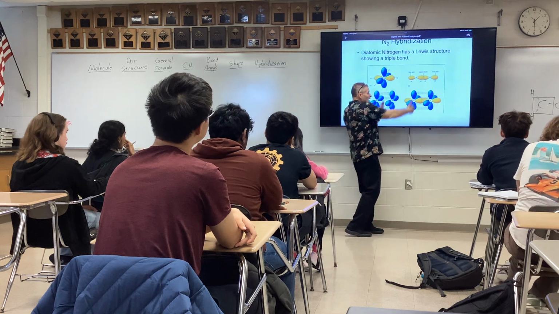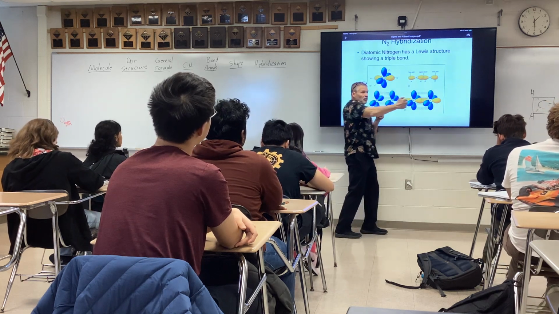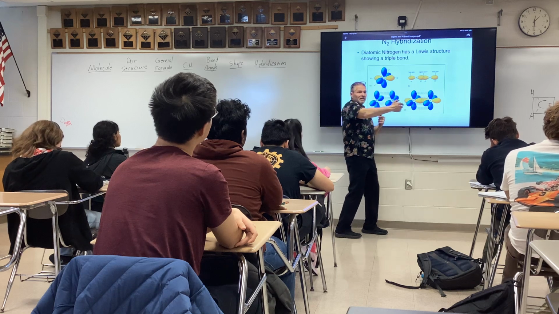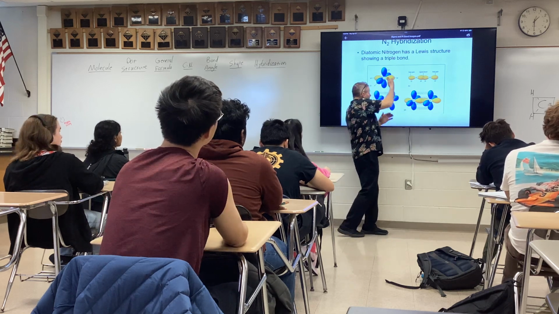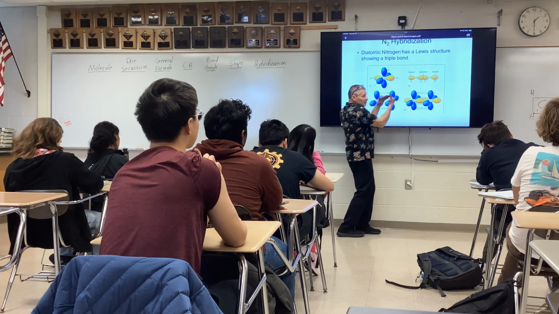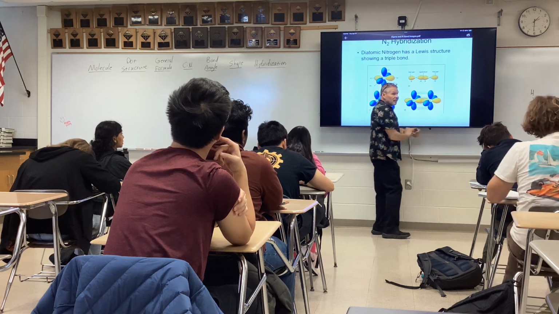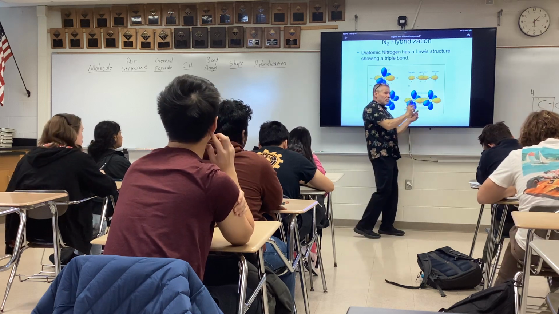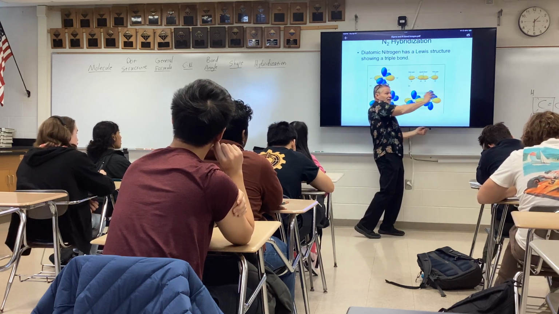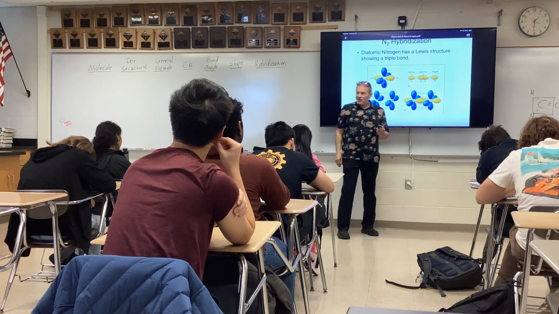So there's a pair that are like this, and then you have to imagine a pair that are going in and out of the screen. These guys in this direction are overlapping like this, above and below the axis of the nitrogen atom. And then there's another pi bond. There's a shared region in front and behind the screen. That's the second pi bond.